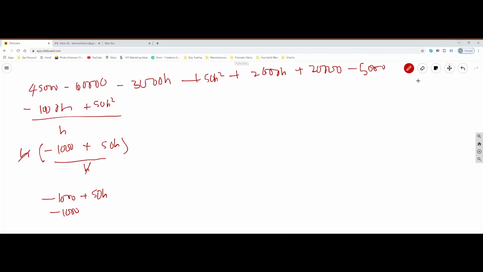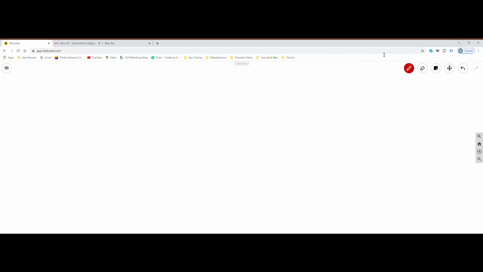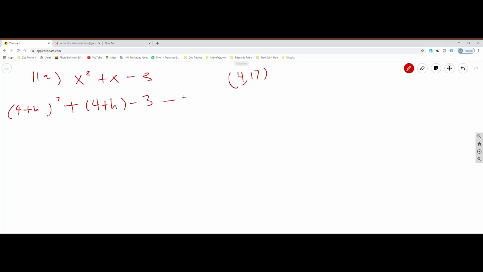So now let's go to 11a. So you have 11a, which is x squared plus x minus 3. So the 2 points are 4 and 17. 17 was obtained by putting 4 into this equation. So then you have 4 plus h squared plus 4 plus h minus 3 minus 17.